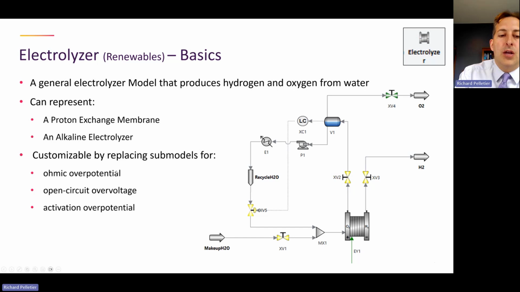So when you're working with the software, you define the way that the electrolyzer operates through the use of the proper submodel selections here. And I think the default ones are set up to be a PEM membrane. So you'll see that when we go into the software. You could theoretically create your own submodels and use those for these different calculations as well.